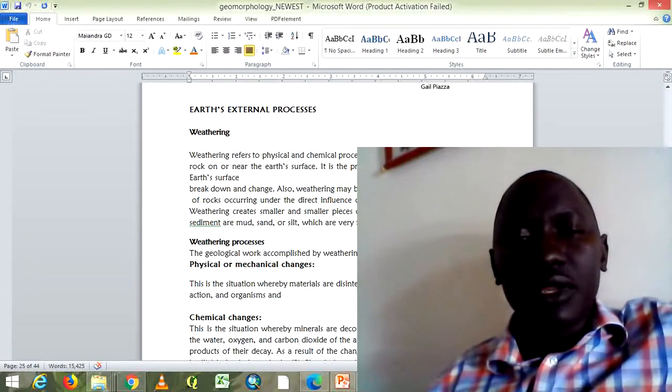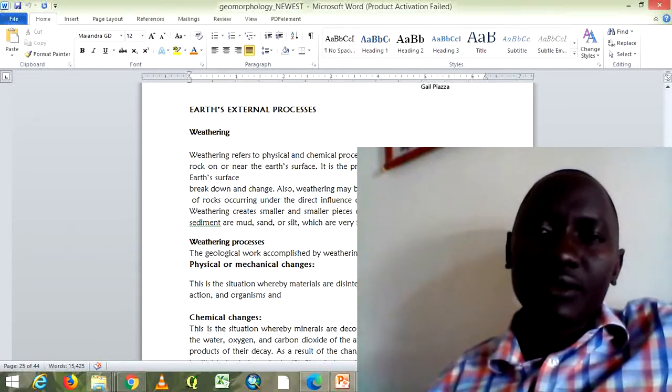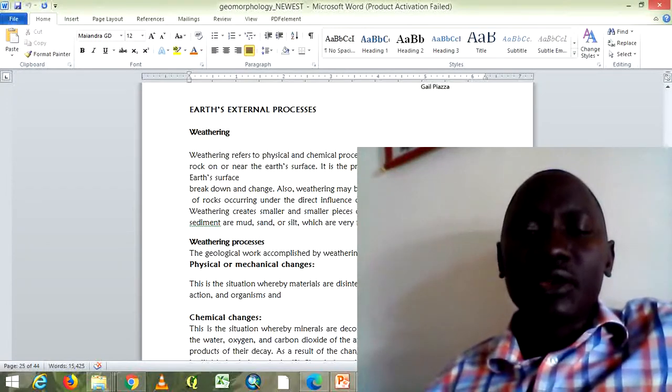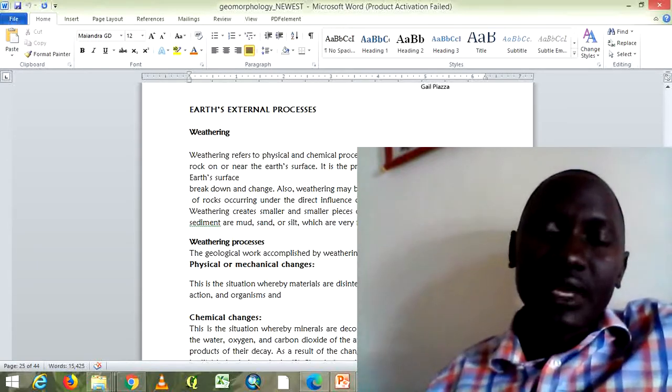But in this recording, I want us to look at the Earth's external processes, those which operate after the internal processes have taken place and the landforms have been made. These then set in play and modify the already existing landforms.